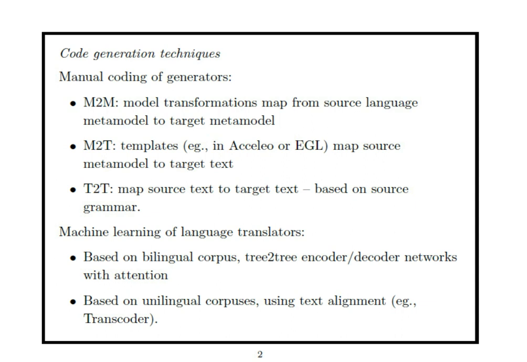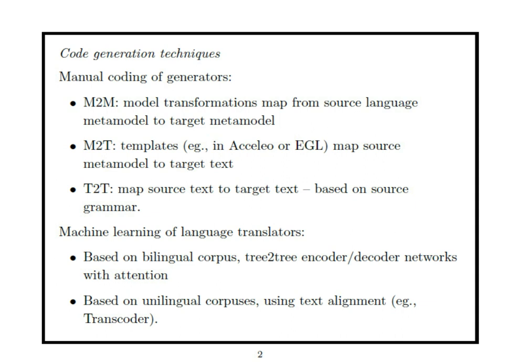Then there are machine learning approaches, and the machine learning approaches that are relevant have principally been learning translations from one 3GL to another 3GL, for example, Java to Python. And the two main approaches, one based on a bilingual corpus, rather similar to mapping English to French. They have a big collection of data representing corresponding texts in the different languages, and learn by some encoder-decoder approach the correspondence.